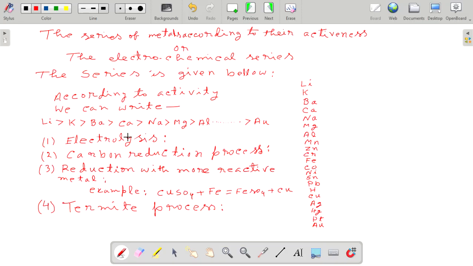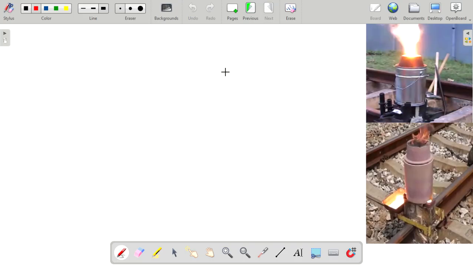How is the process started? Now let us see. To start the reaction, the thermite mixture requires a high temperature, which can be achieved by igniting the mixture. Sometimes, in that case, we use a magnesium ribbon.